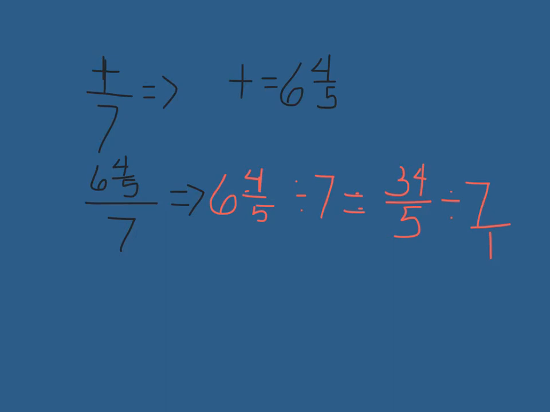Now remember, we can't divide, we need to multiply by the reciprocal, so now it looks like 34/5 times 1/7 equals, now I can't reduce anything, so I get 34 times 1, which equals 34. 5 times 7 equals 35. And those are just 1 apart. Remember, when they're just 1 apart, we can't reduce any farther. So 34/35 would be the answer to that one.